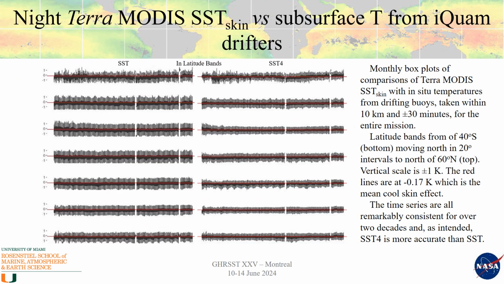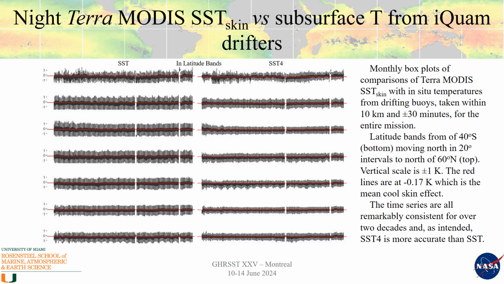And what does it look like? Well, here we have a comparison in the 7 latitude bands between Terra MODIS SST skin versus the subsurface temperatures from the iQuam drifters. And these are box plots for the entire mission of the Terra MODIS up to about 2022.